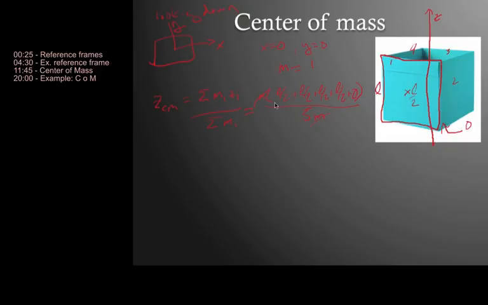So those masses are going to go away. And so I'm going to be left with 4L over 2, all over 5. I can simplify that down to 2/5 L. So our center of mass is at x equals 0, y equals 0, z equals 2/5 L.